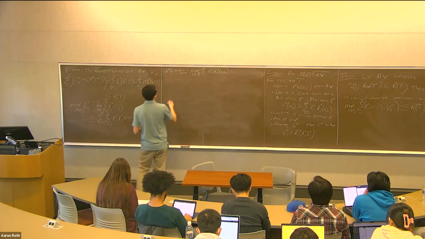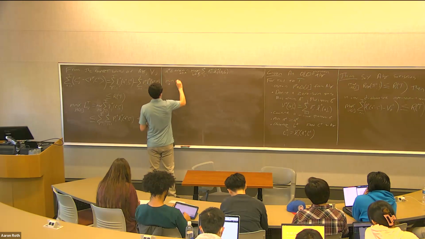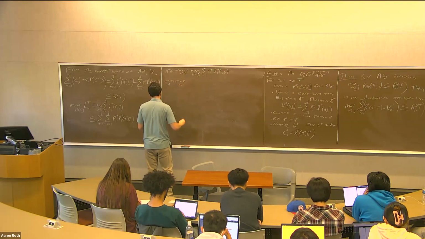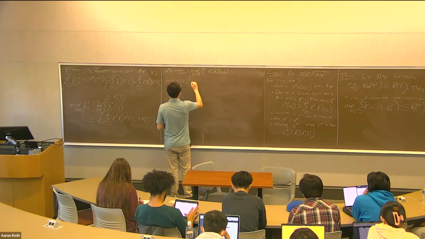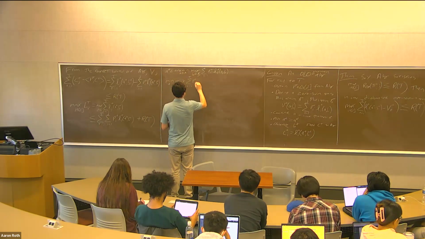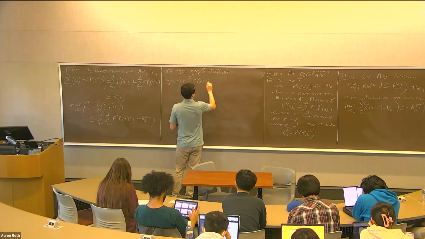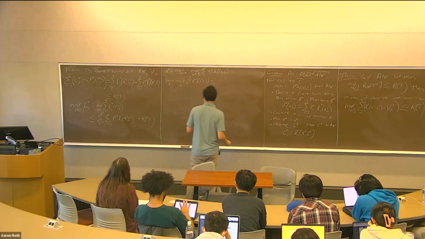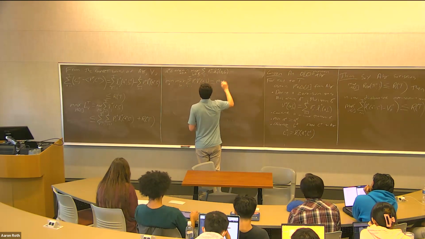We're interested in the min-max value of the game, but because this satisfies the conditions of the min-max theorem, we know this is equal to the max-min value of the game.